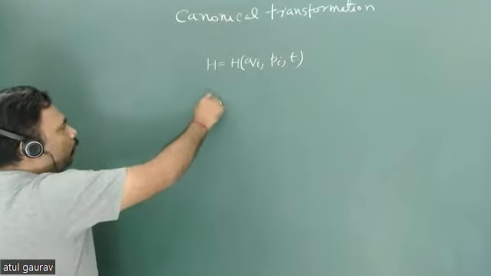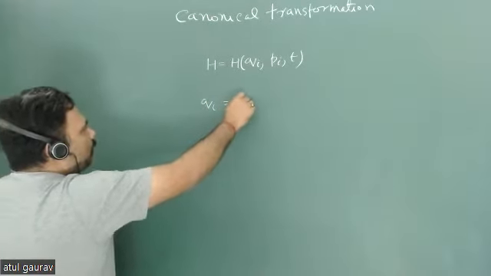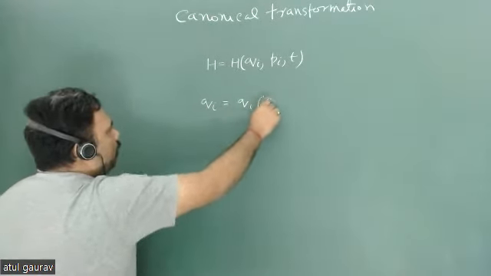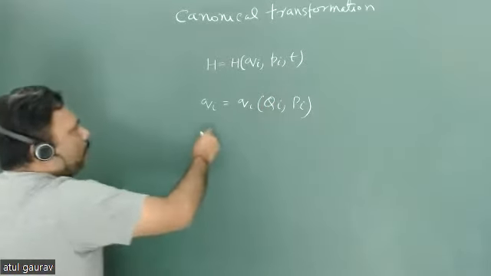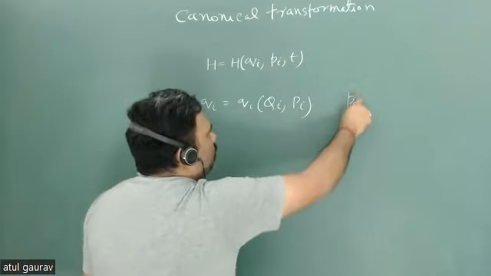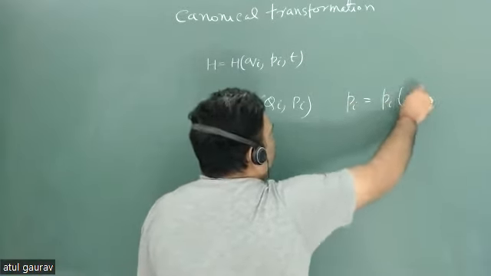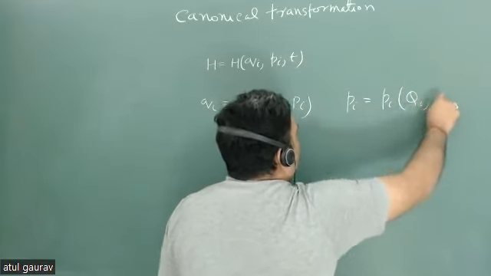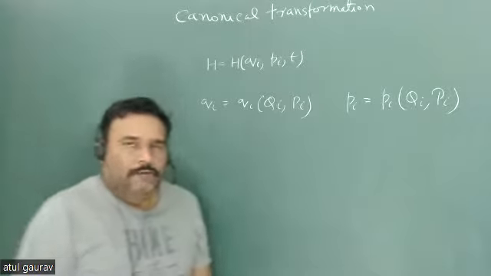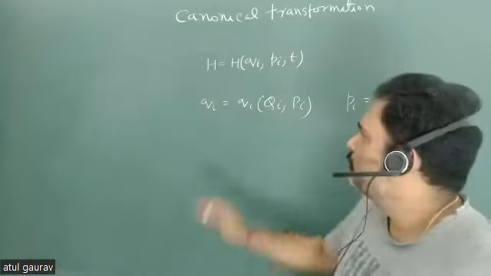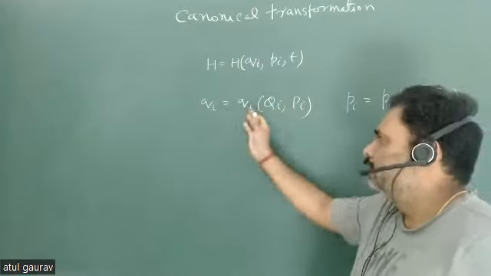So I want to change it to the new coordinate system, which can be written as capital Qi and capital Pi. Similarly, this is my qi, and this is my pi, and this can be written as Qi, capital Pi. So this is your transformation. You have big Q and big P, and this is your small q.